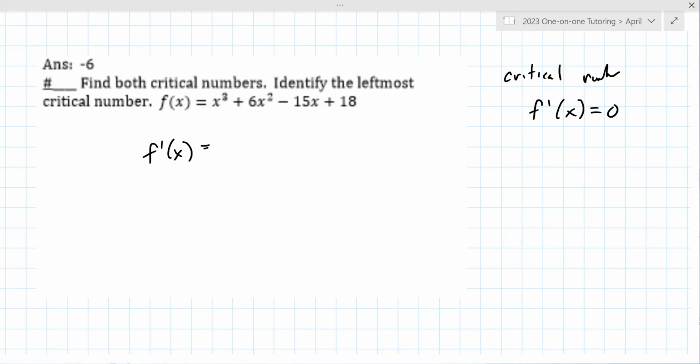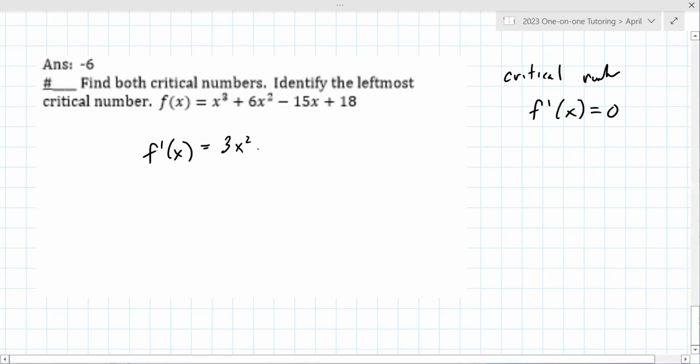Are the critical numbers -5 and +1? I don't know because I was waiting for you to give me the derivative. Oh, the derivative would be 3x squared plus 12x minus 15.